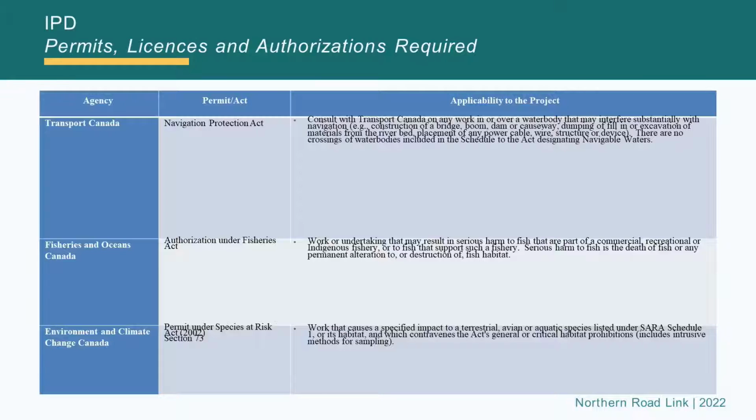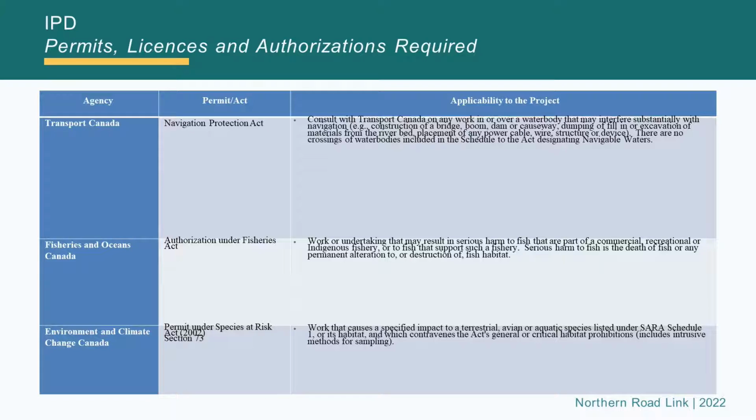And Qasim, maybe you can talk a little bit about another information requirement, and that's potential permits, licenses, and authorizations that might be required. Yeah, so as part of the IPD, we're required to describe the different permits, licenses, and authorizations that might be required for the project and its related activities.